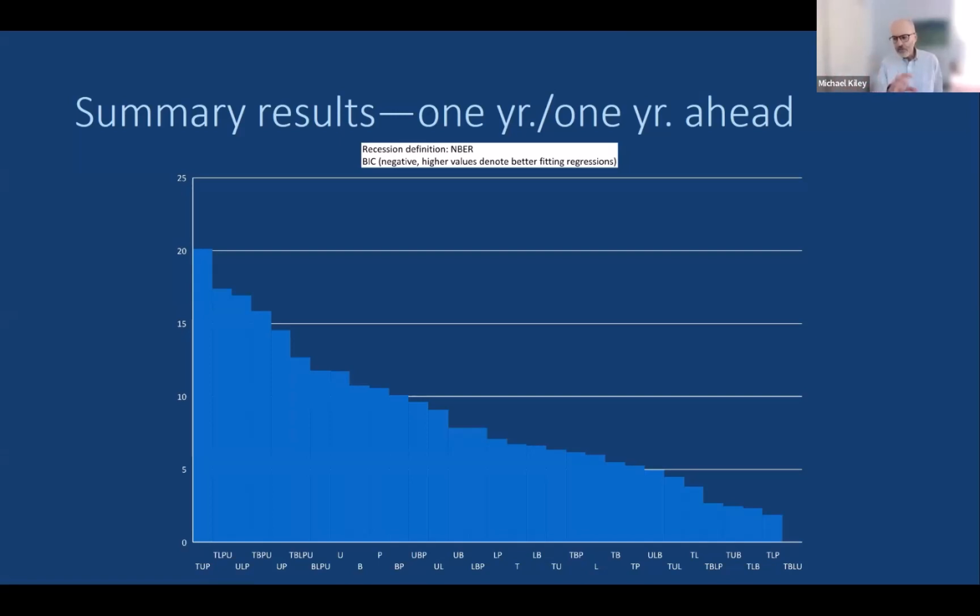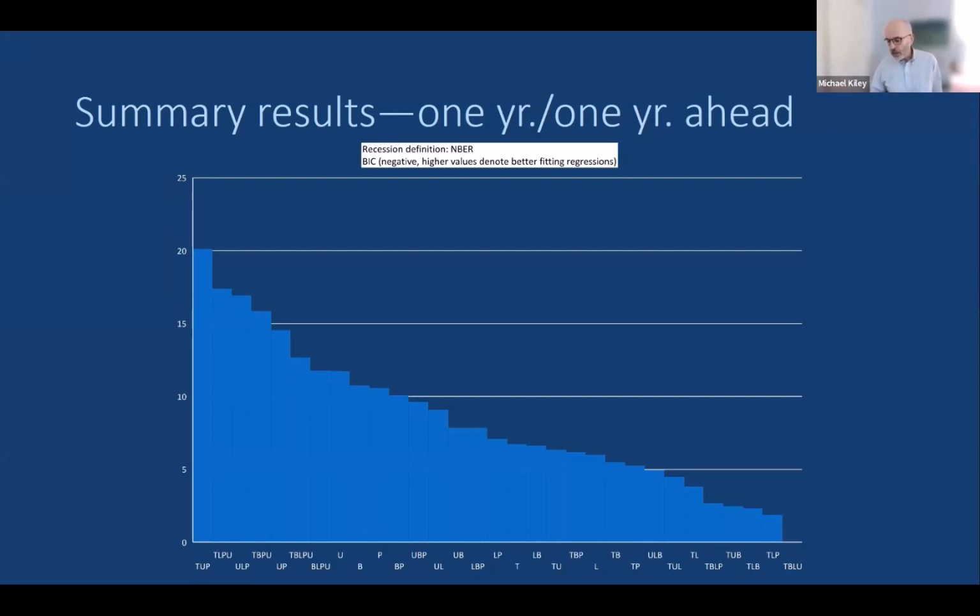They looked at a lot of financial predictors and leading indicators. They did not consider the unemployment rate, and they did not consider inflation. But they looked at a lot of the momentum or financial conditions variables, and they didn't use the BIC, they used pseudo R-squareds. They said, look, all of our pseudo R-squareds are negative at more than a 1 year horizon.